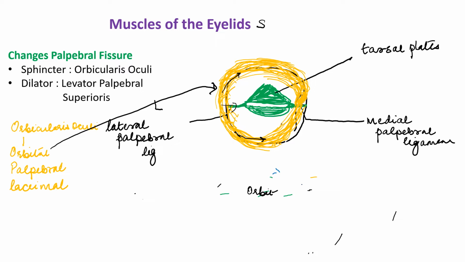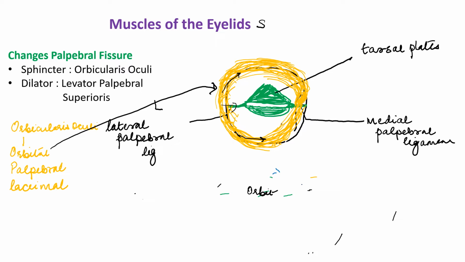The closure of the eyelid and that tight squeezing of the eyelid is brought about by the orbital part of the Orbicularis Oculi muscle. It also comes into play when you are frowning or giving the expression of disgust.